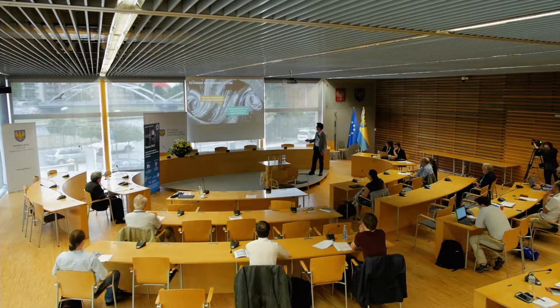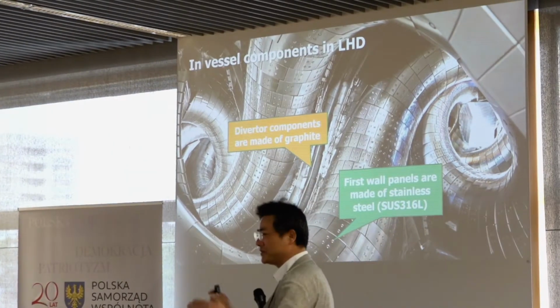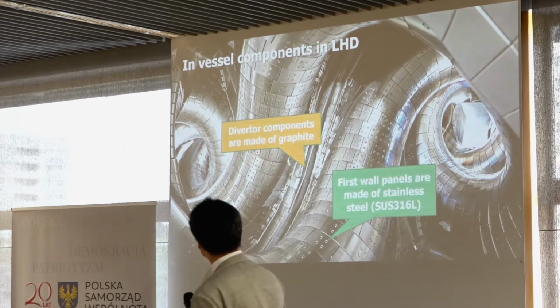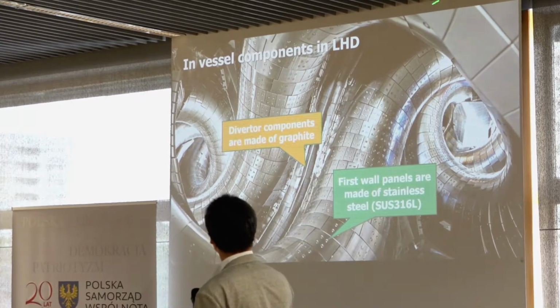These are the divertor components. It is very difficult to see, but this is the dome structure of the closed divertor. On both sides of the dome structure, we have divertor tiles along the helical coil can. The length is very, very long.